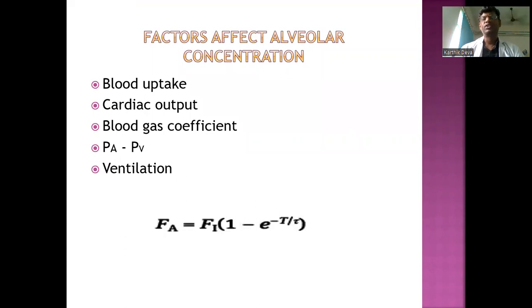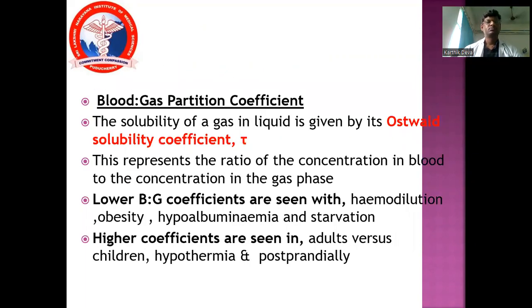Factors affecting the alveolar concentration are blood uptake, cardiac output, blood gas coefficient, arterial to venous pressure difference, and ventilation. Blood gas coefficient. The solubility of the gas in the liquid is given by its Ostwald solubility coefficient.